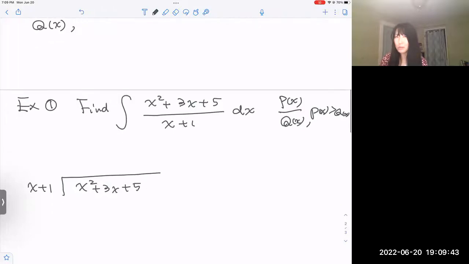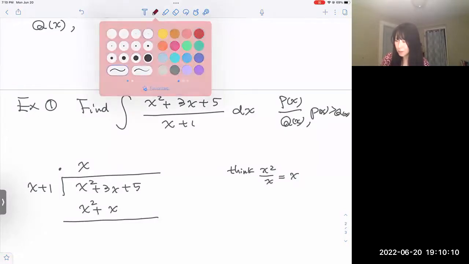Back to algebra, right? So x squared over x, what do you get? x. Then we multiply, and we get x squared plus x.